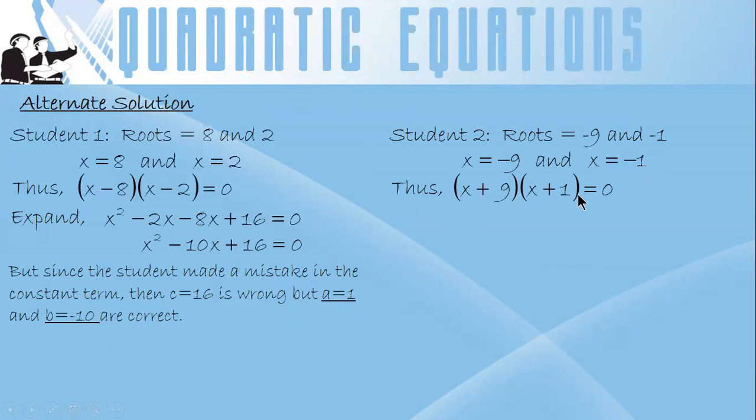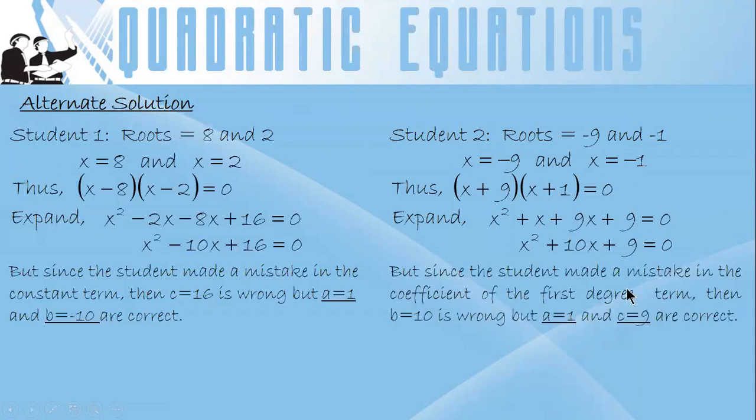Right? And then distribute, and then combine. But he is wrong. The second student is wrong in the first degree coefficient. The 10 is wrong, the B; the A and C are correct.